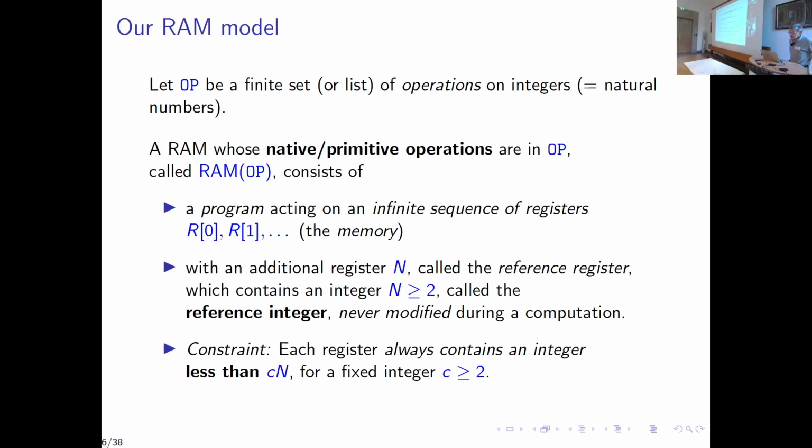It's exactly as you know, you have a program acting on infinite sequence of registers on the memory, but you have a reference register. It's very important. It is never modified during computation, and it gives also the size of the contents of registers.